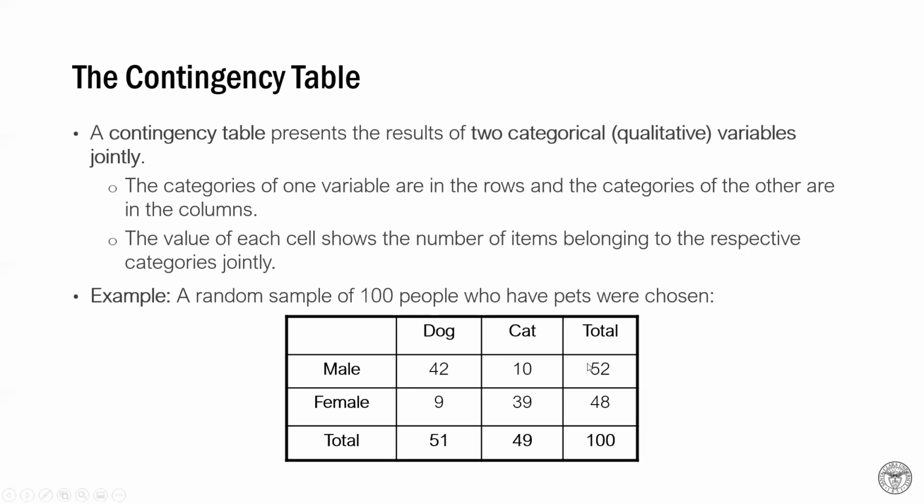Overall, we have 52 men raising either dogs or cats as their pet. On the other hand, we have 48 females having pets. In terms of the types of pets, we have 51 people raising dogs and 49 people having cats. Because the number in each cell is contingent on the categories of both variables, we call this table a contingency table.